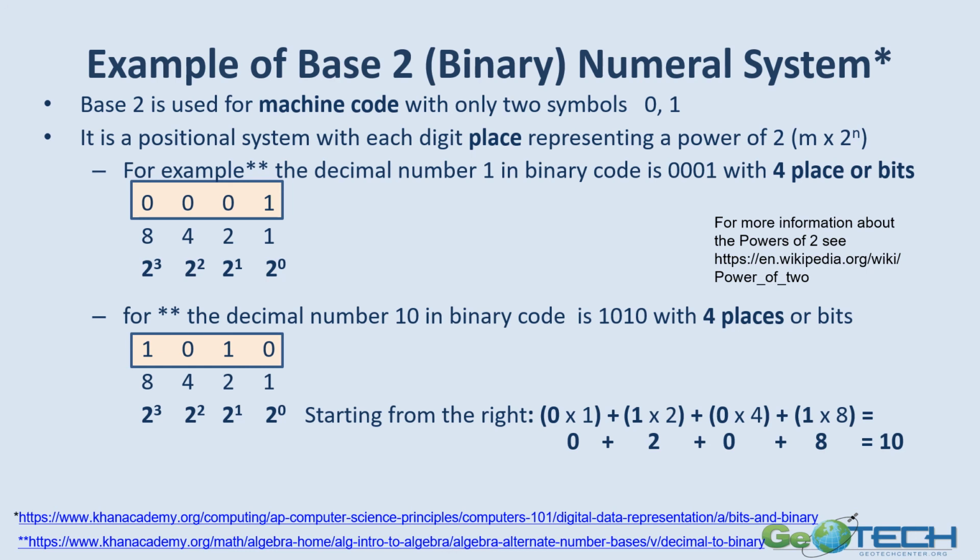The next place value is 2 to the first power, and it has a 1. 2 to the second power is a 0, so there's no value. And 2 to the third power has a 1. When I add those together, 0 plus 1 times 1 is 1, plus 1 times 2 is 2, plus 0 times 4 is 0, plus 1 times 8 is 8. I add those values together and I get back my decimal value.